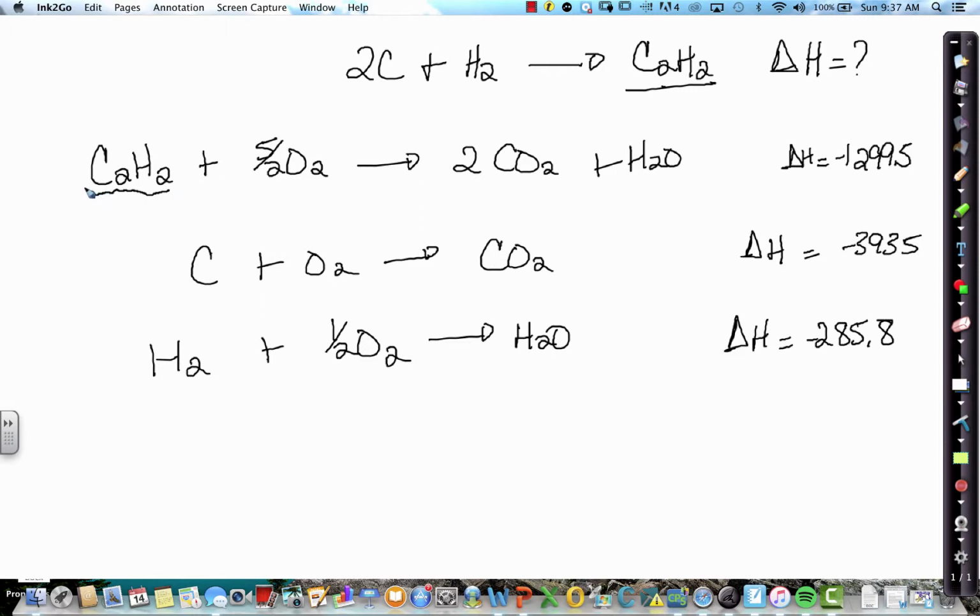And I also have 1 mole here, 1 mole here. So I don't need to multiply it or divide it, but I do need to flip this. So when I flip it, I'm going to get 2 CO2s. So products become reactants, and reactants become products.